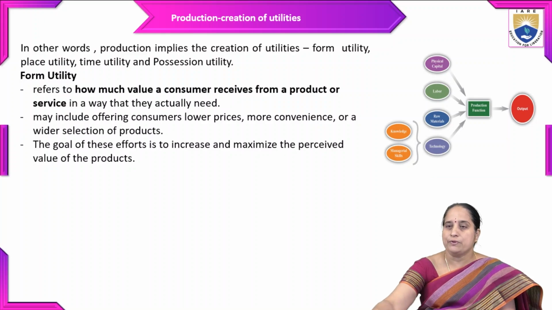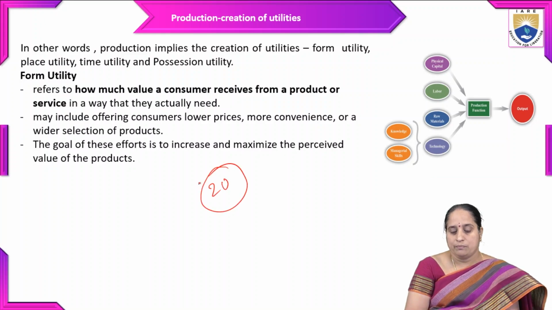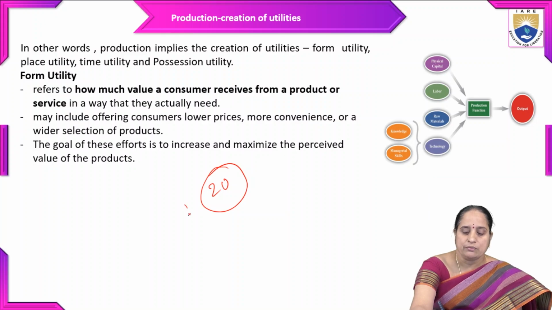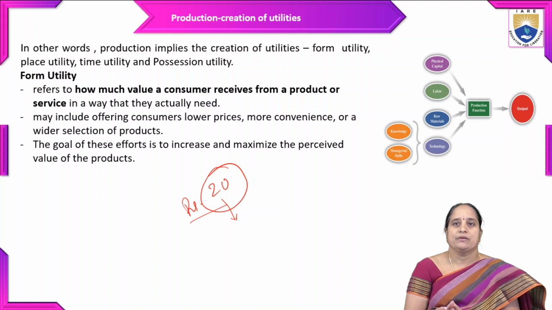So for example, if you as a consumer are going to spend 20 rupees on a particular product, we want to find out whether this 20 rupees is worthwhile or not. Can we satisfy our immediate need or not? So that way we have to understand the concept of form.